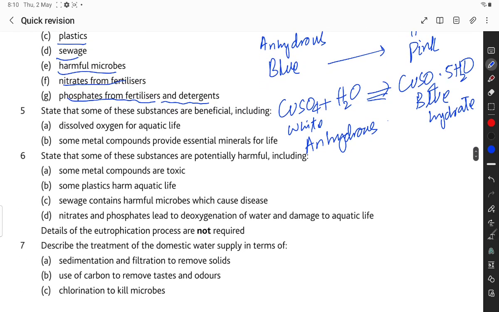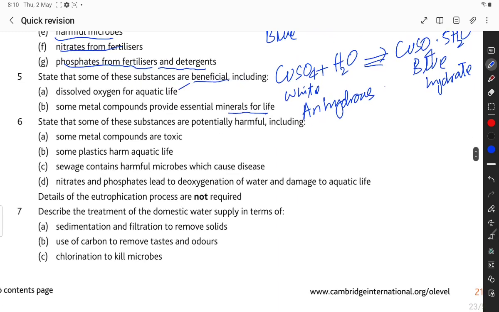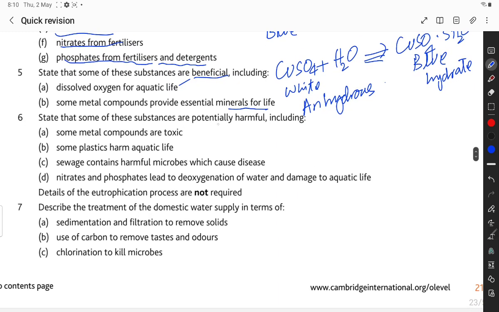State that some of these substances are beneficial, including dissolved oxygen for aquatic life for respiration, and some metal compounds provide essential minerals for life. State that some of these substances are potentially harmful, including some metal compounds that are toxic, like mercury and cyanide.